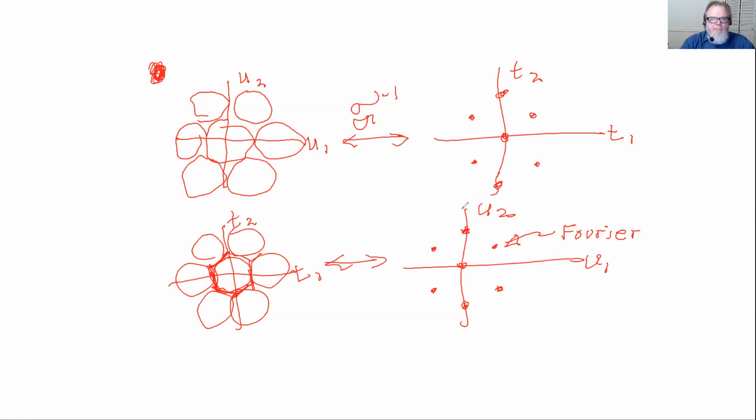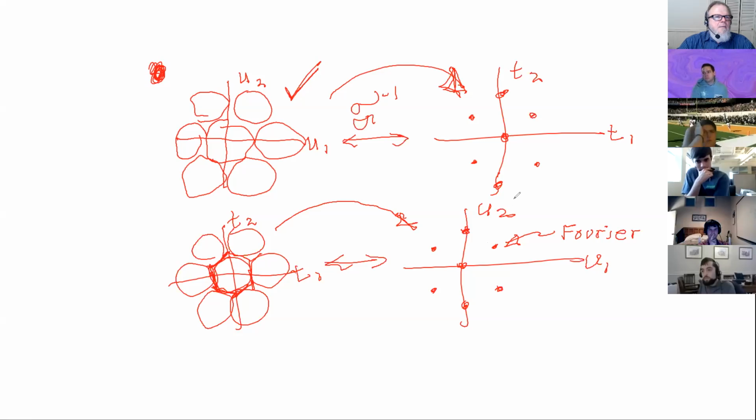So the confusion, I believe, is the idea that I'm doing the Fourier series here. So we do an inverse Fourier transform to get to the Fourier series coefficients here, whereas a more intuitive approach, which again I lament not doing in the book, is to take a periodic signal in T1 and T2, Fourier transform it, and get the Fourier coefficients in the frequency domain. So I don't know if that clears things up.